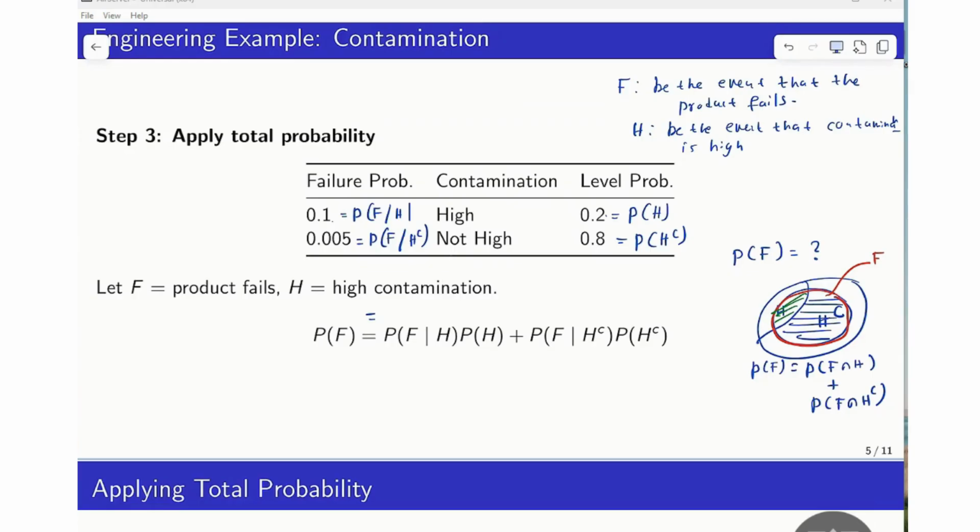So if I do, maybe I can start from H intersect F as the probability of F given H. But we know that we can't go this way. Why? Because this is our goal, in order to find our probability. So this does not work. So then this means we have to start from the probability of H given F.